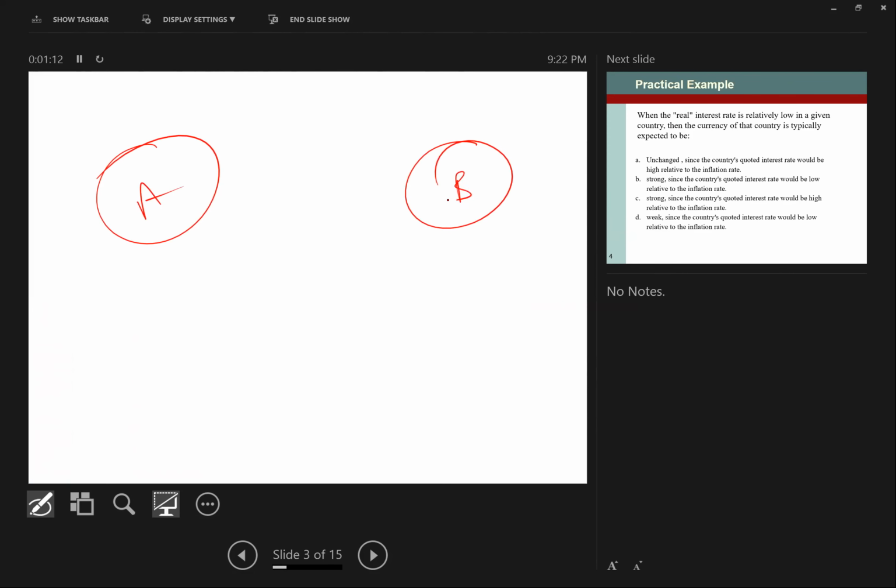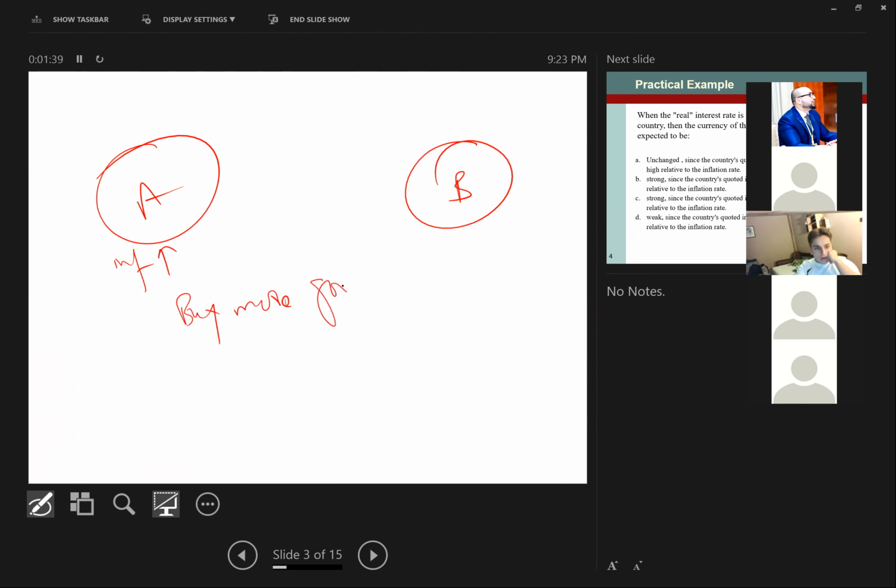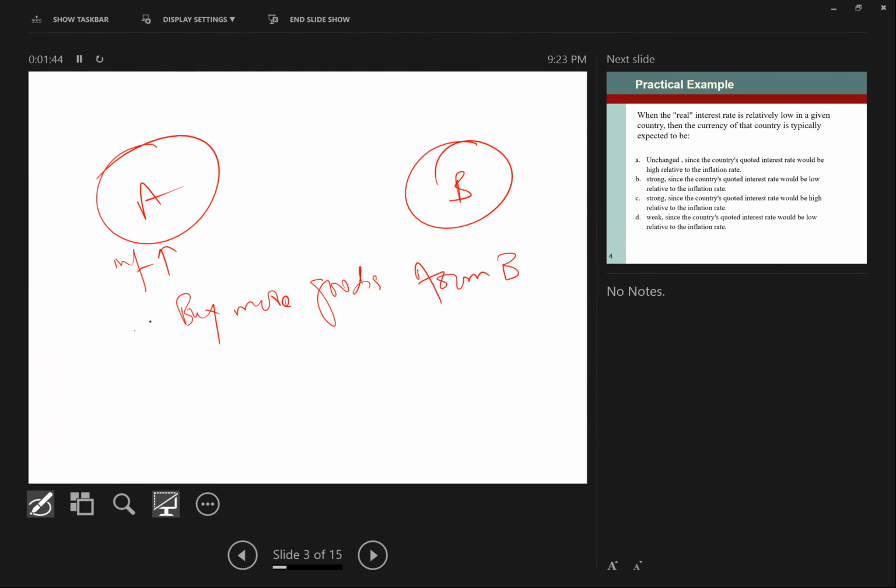Okay, for example, if you are in country A and there's country B, and the inflation is increasing in country A, people will buy more goods from country B. As people from country A purchase more goods from country B, country A will need more of country B's currency. This will increase the demand for country B's currency.